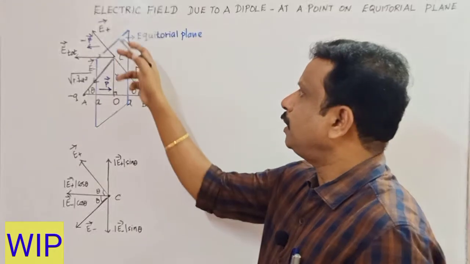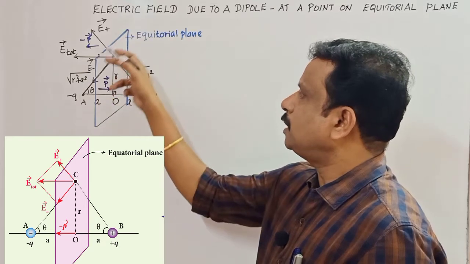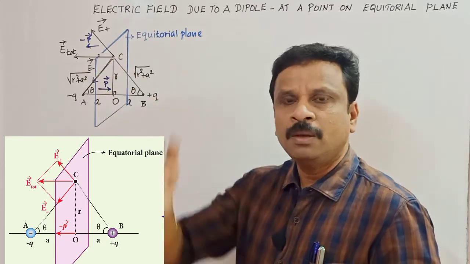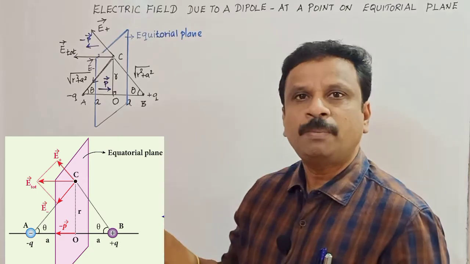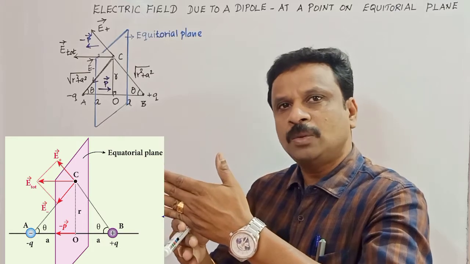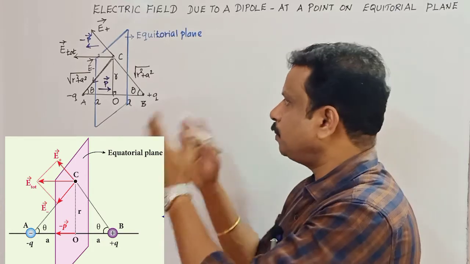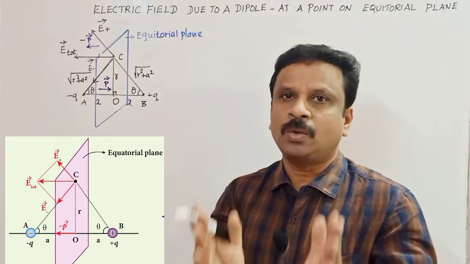And we have a plane which I have drawn in blue pen. This is the plane passing through the midpoint and also perpendicular to the axial line. Any plane passing through the midpoint of the dipole and perpendicular to the axis is called the equatorial plane.